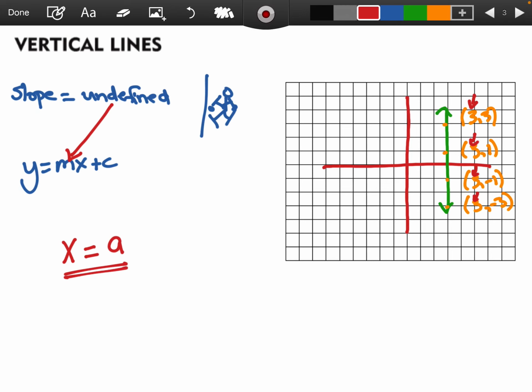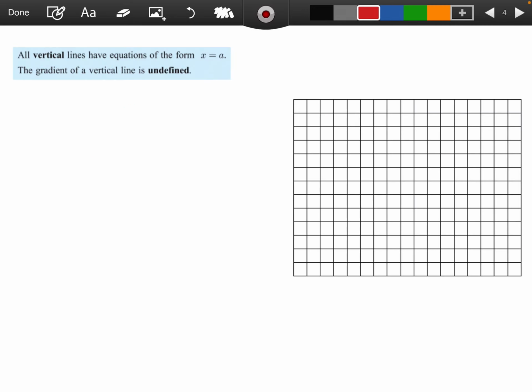The y-coordinate can be whatever it wants to be, but the x will be consistently the same number. So if you want to boil that down into a hard and fast rule, all vertical lines have the equation in the form x equals a, where x is something and it's the same something for all of the points that exist on that line. And the gradient of a vertical line is undefined.